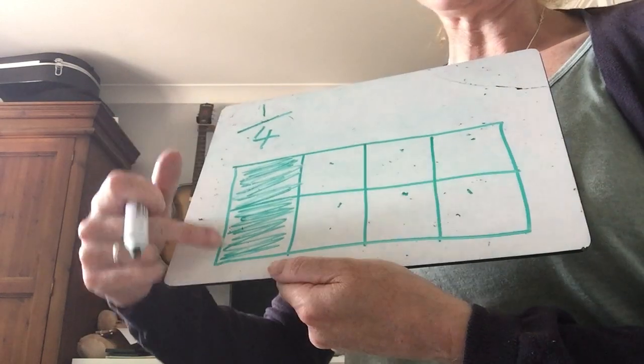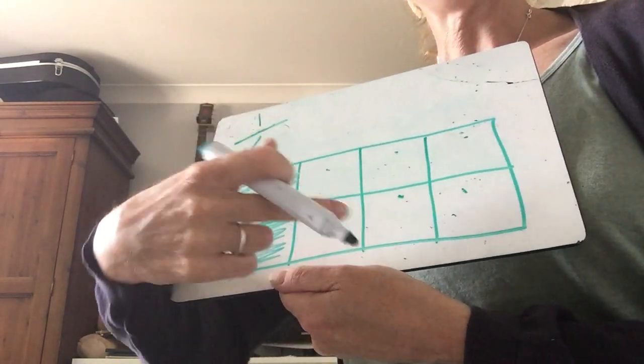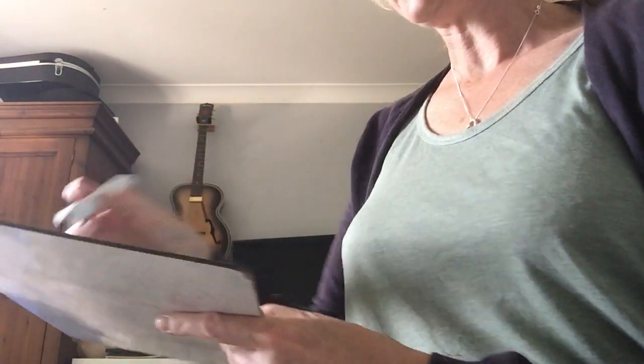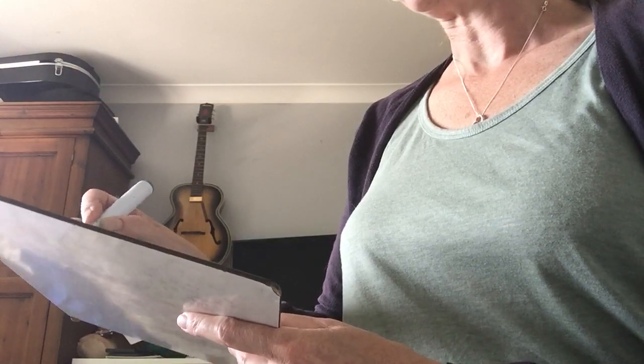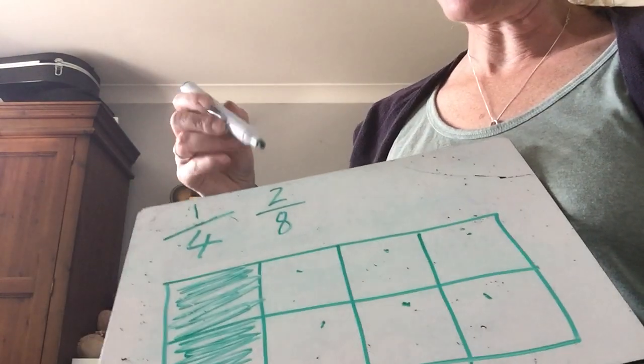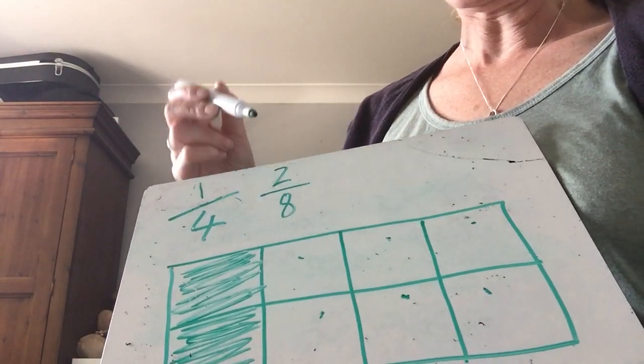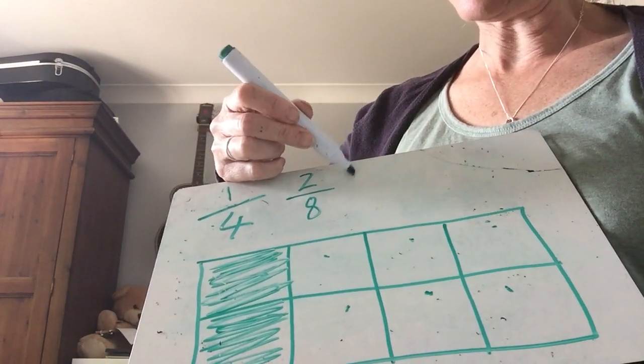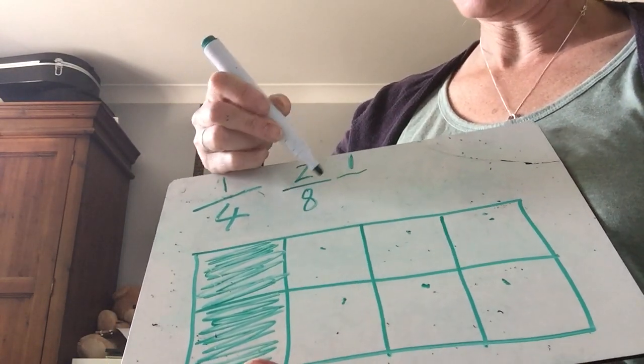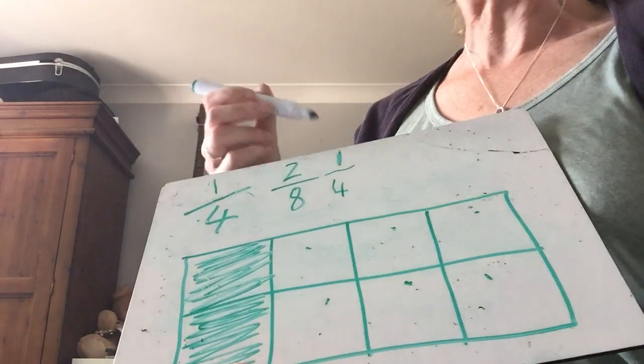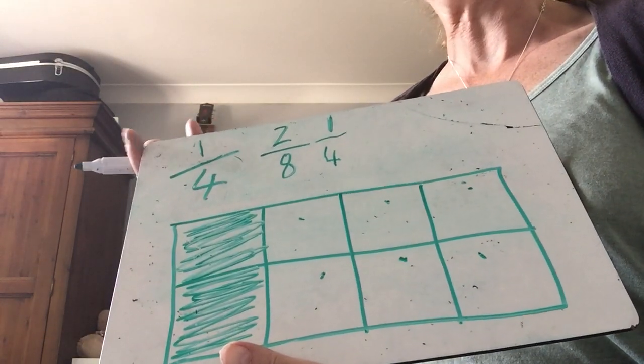This is actually 2 out of 8, which is the same as 1 out of 4. Because if I look at 2 and 8 and I halve them, so that the 2 becomes a 1 and the 8 becomes a 4, it's actually the same fraction. Okay, tricky. Fractions are very, very tricky.